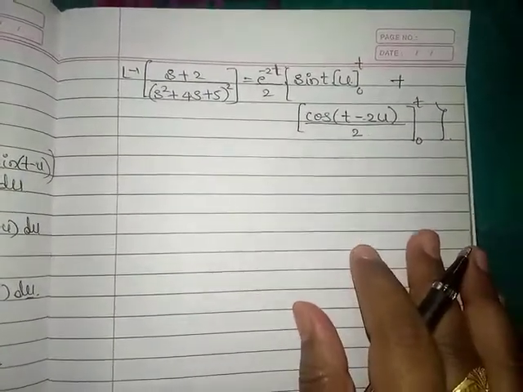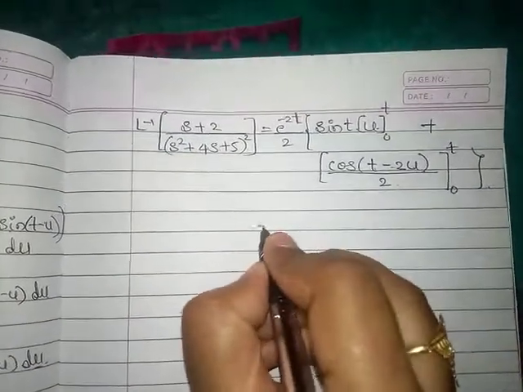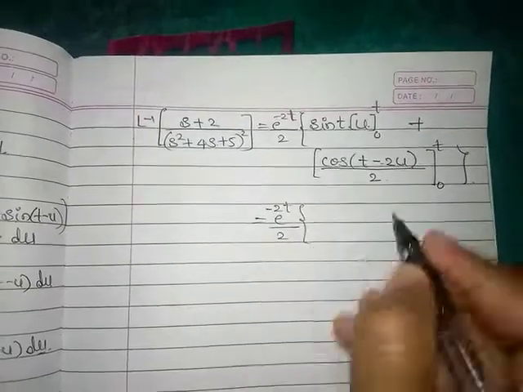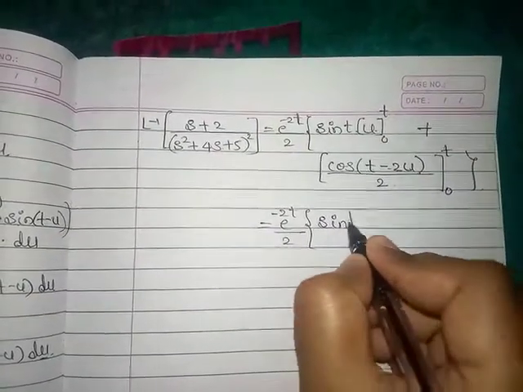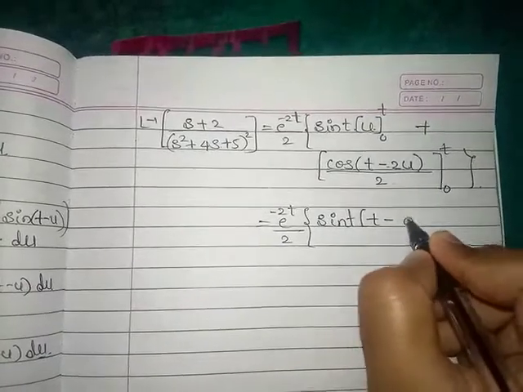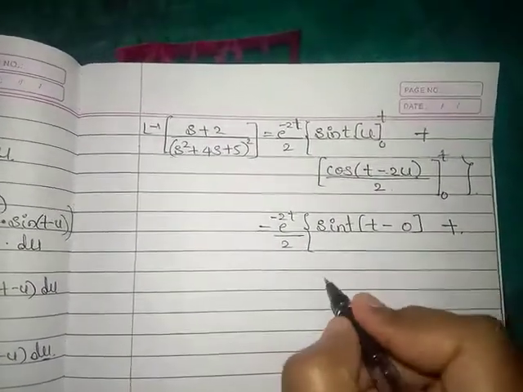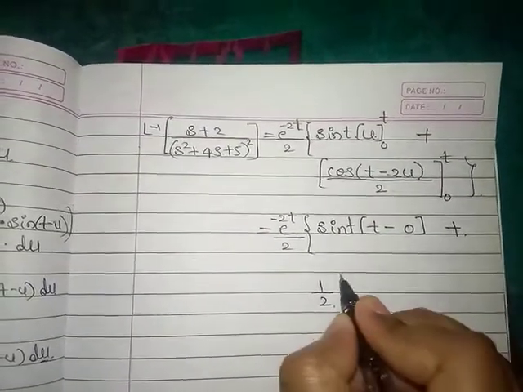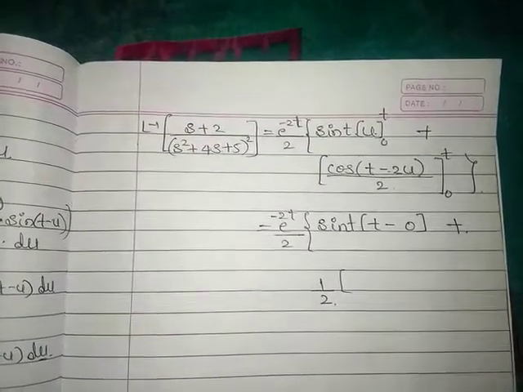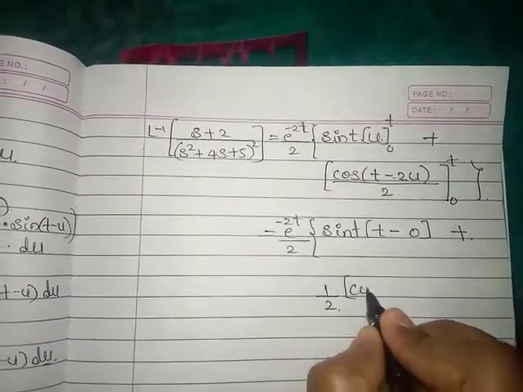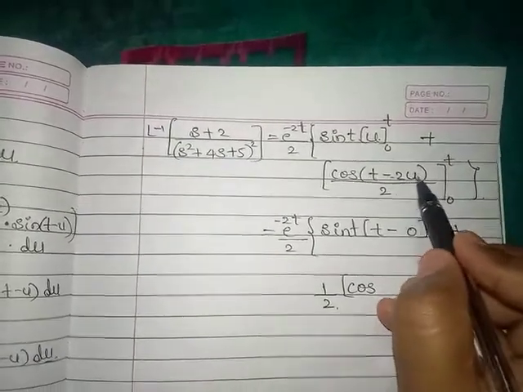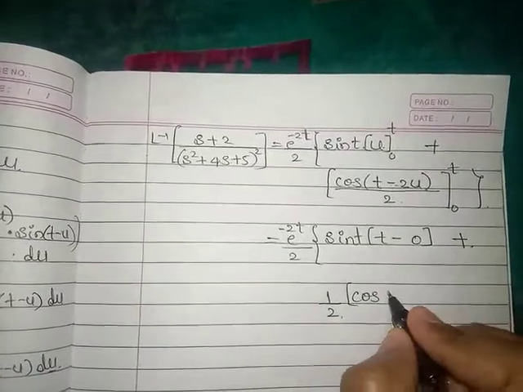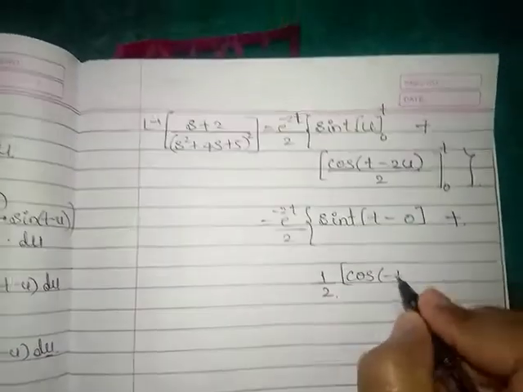Now I will apply the limits, which gives e raised to minus 2t divided by 2, sin t as it is. First is the upper limit minus the lower limit, plus the second term. Here 1 by 2 is constant, take it outside. For the first, the upper limit: when we apply u as t, this is t minus 2t, therefore it is cos of minus t.